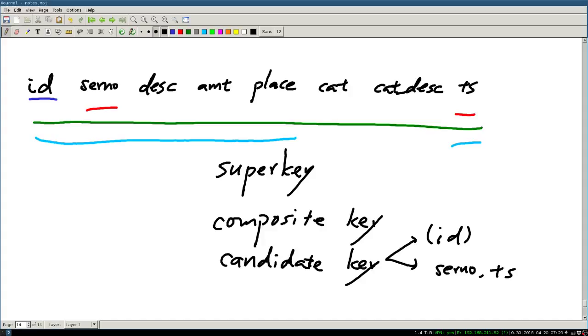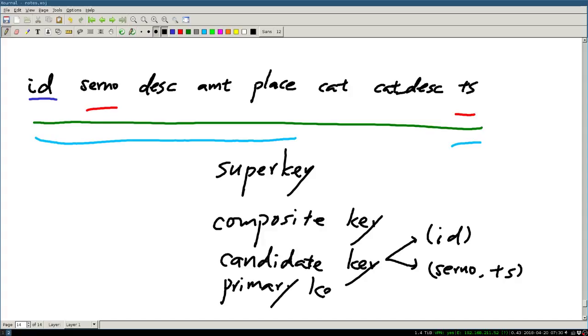So whenever we remove any one of the attributes from the attribute set, the collection of the set of attributes becomes a non-key attribute.